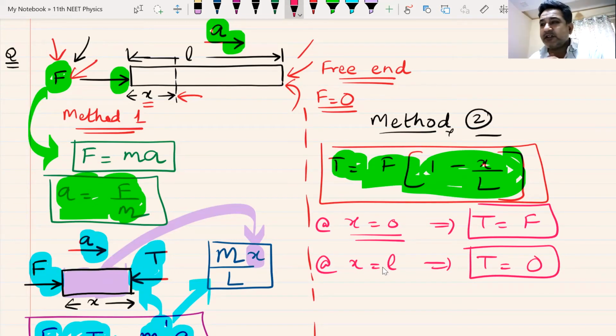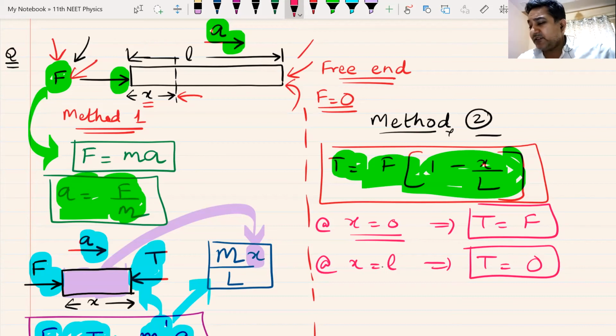Remember this formula. Can I have some response that we've understood this, sir? Niharika understood this. What about others? One end force is F, another end force is 0. What is the force at a distance x? It's a very simple question. A question that has got to do with maths.